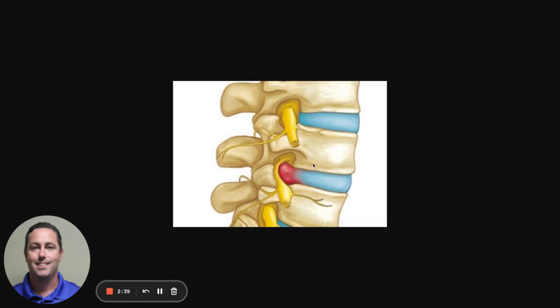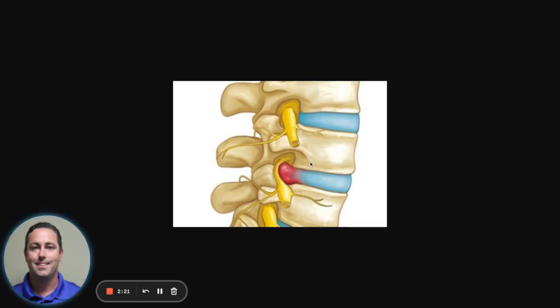We can easily determine what level this disc is herniated at because there's 5 levels in the lumbar spine, levels 1 through 5. And basically a herniated disc is named by the two vertebrae that it sits in between. The most common level for a herniated disc in your lumbar or lower back is the L4, L5.